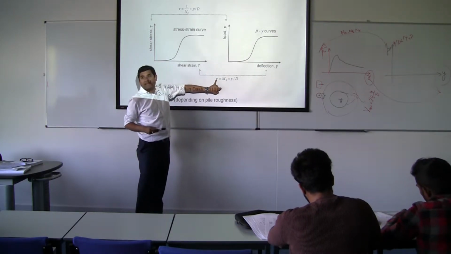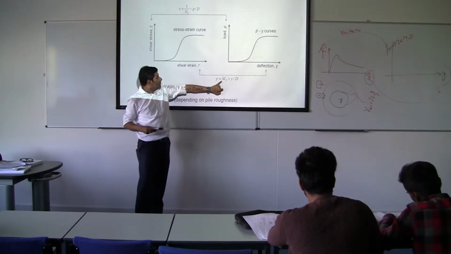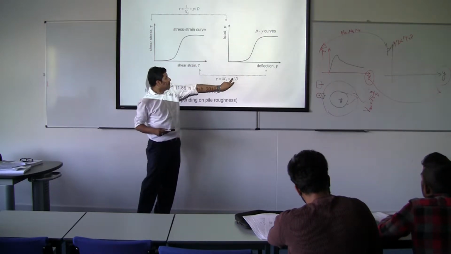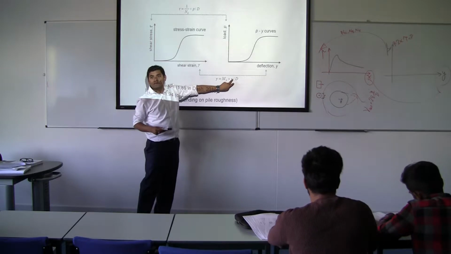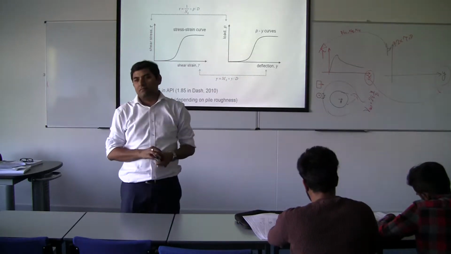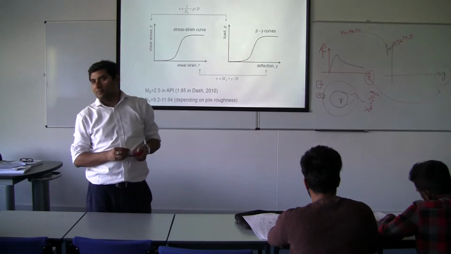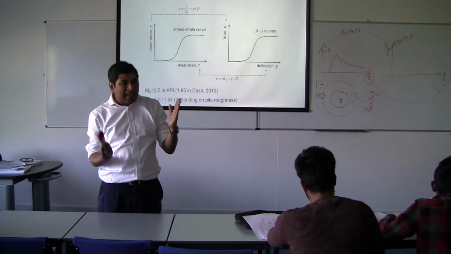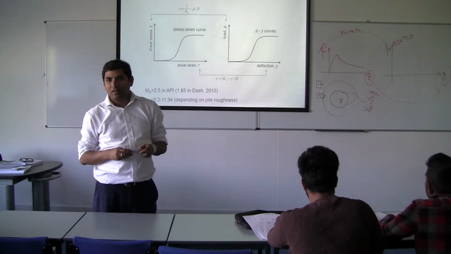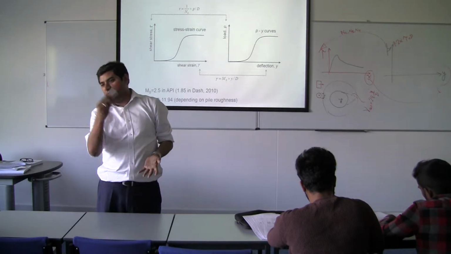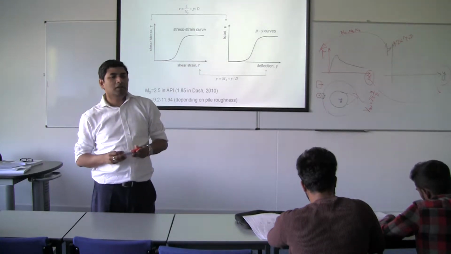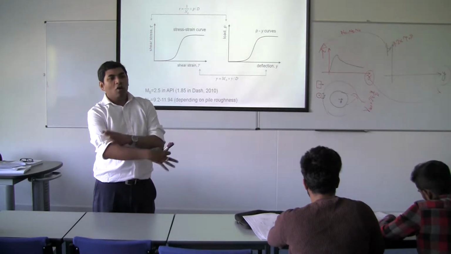Once you know the strain from your stress strain curve, you put the MS value of this, you can get the Y, right? So any stress strain curve you can convert into a PY curve. But you scale the axes differently. And this way you can generate a PY curve. So that will cover all the soil.